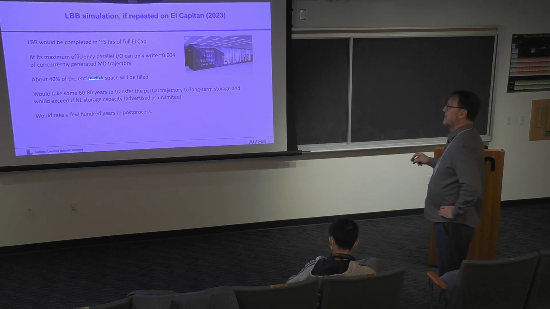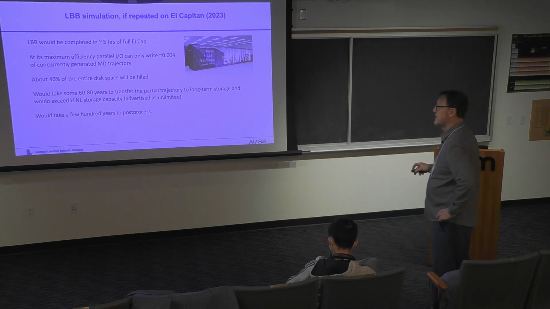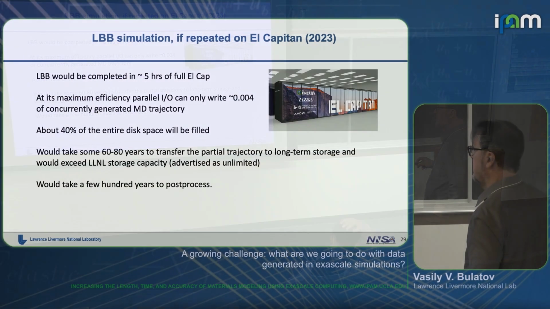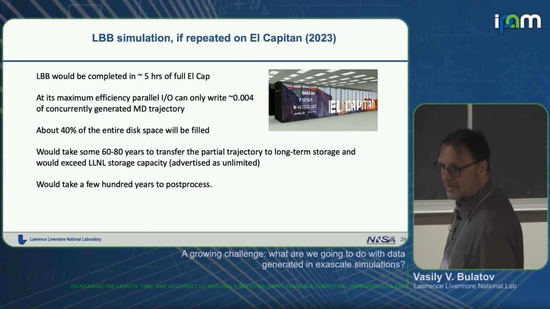This much would still fill about 40% of the disk of El Capitan, which is estimated to be 1 exabyte in capacity. It would take about that many years to transfer to storage, an ungodly number of years.